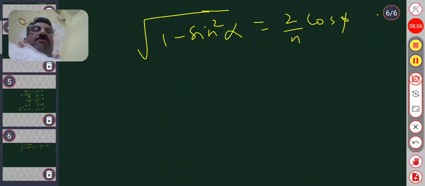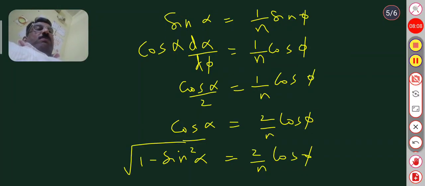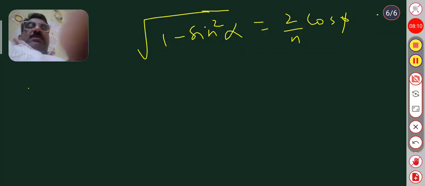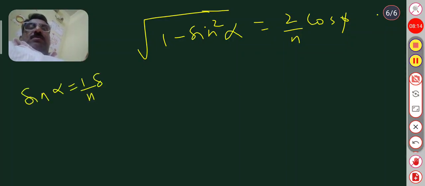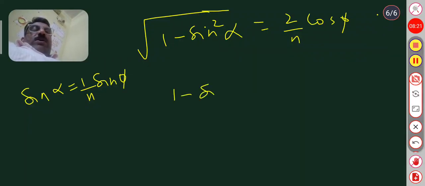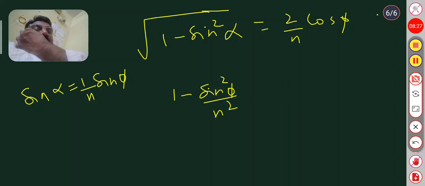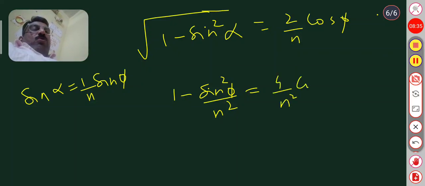And what is sine alpha? Sine alpha is 1 by n sine phi. So I can write 1 minus sine square phi divided by n square. On substituting for sine alpha and then squaring it, I will get the relation 1 minus sine square phi by n square is equal to 4 by n square into cos square phi.